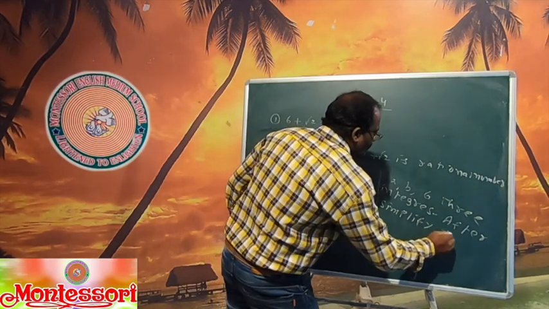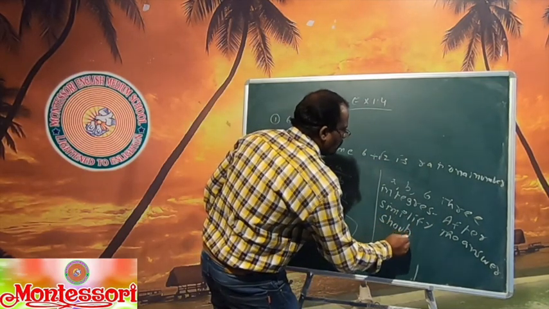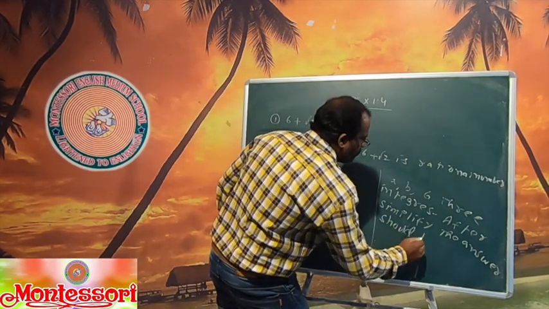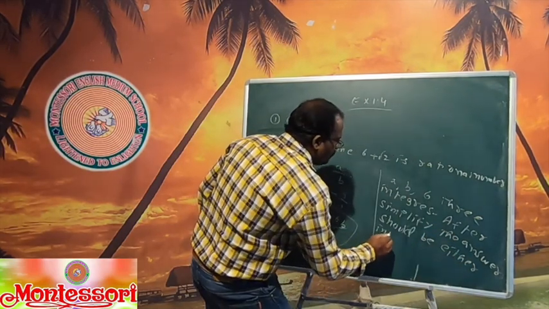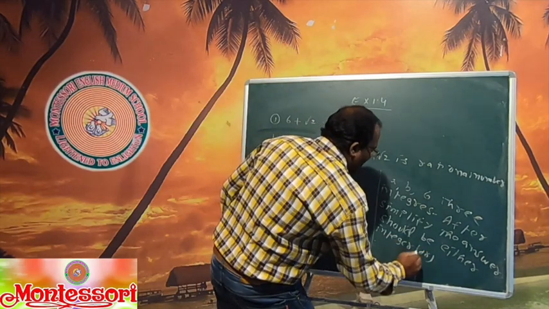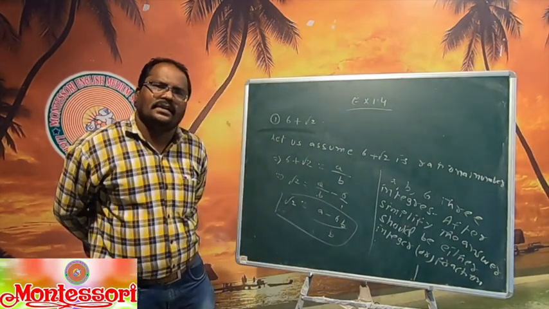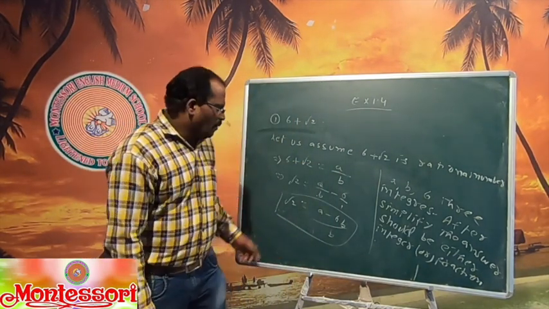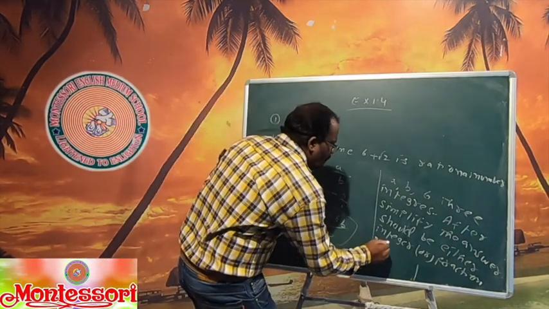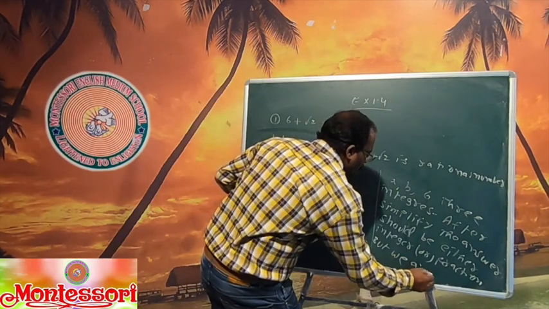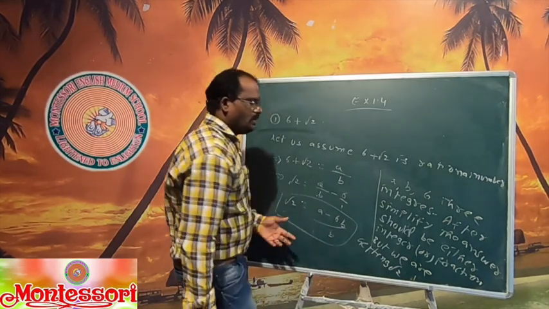the answer should be either an integer or a fraction. Fraction means like 3 by 7, 6 by 7 like that. Fraction means rational number. But here we are getting root 2.